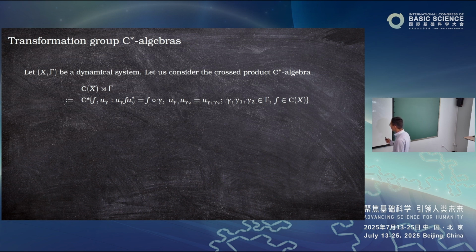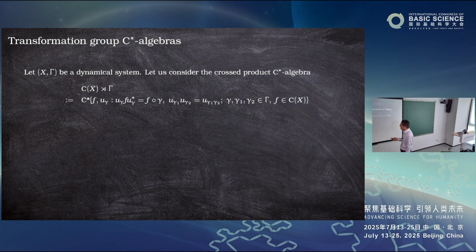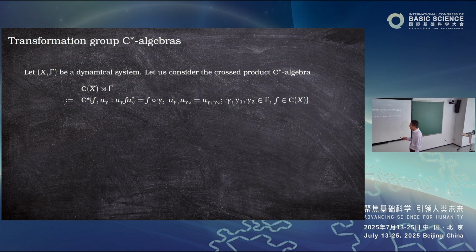So this single C-star algebra encodes the space X, the group, and together with the action. You look at the universal C-star algebra generated by those functions and the unitaries. That's a cross product C-star algebra. In this case, it's also called a transformation group C-star algebra.